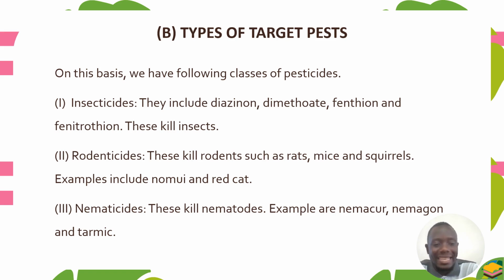Then we've got nematicides. These kill nematodes. Examples we've got are Nemacur, then we've got Nemagon and Temik. These pesticides kill nematodes.